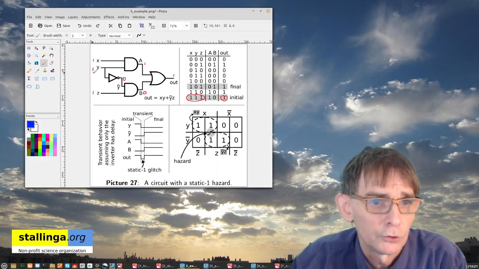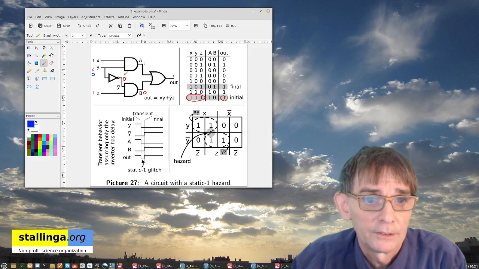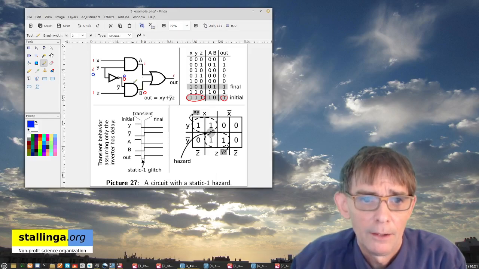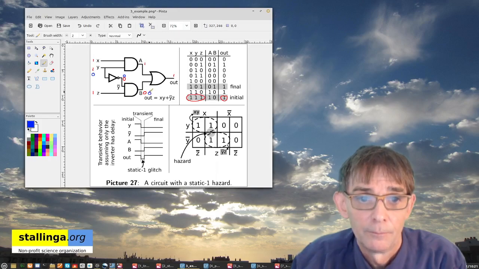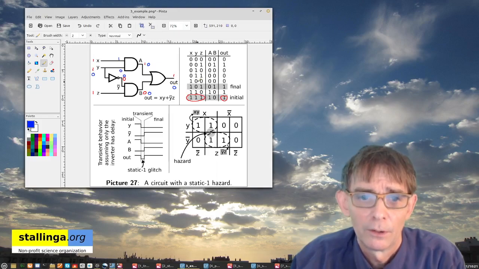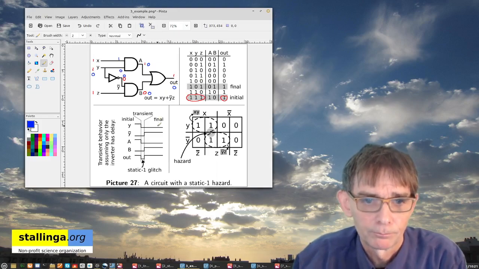So this one goes to 0, this one is still 0 for a short time, and then you have here 1 and 0, this one is still 0, and this one 0 and 1, that one is also 0, and then at the output we get 0. So somehow out of nowhere we got a 0. That was not the initial state nor the final steady state.